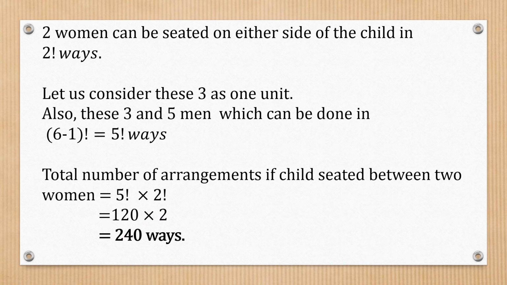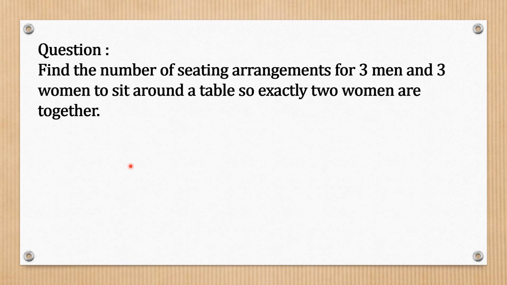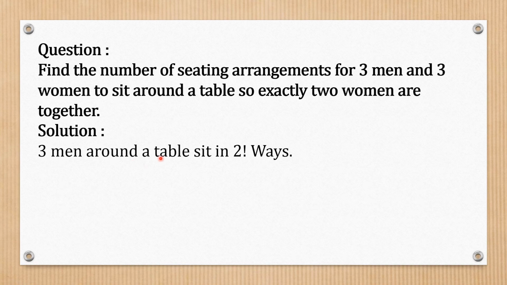Let's see another example. Find the number of sitting arrangements for 3 men and 3 women to sit around a table so that exactly 2 women are together. Let's see the solution. 3 men around a table sit in (3 minus 1) factorial, which equals 2 factorial ways.